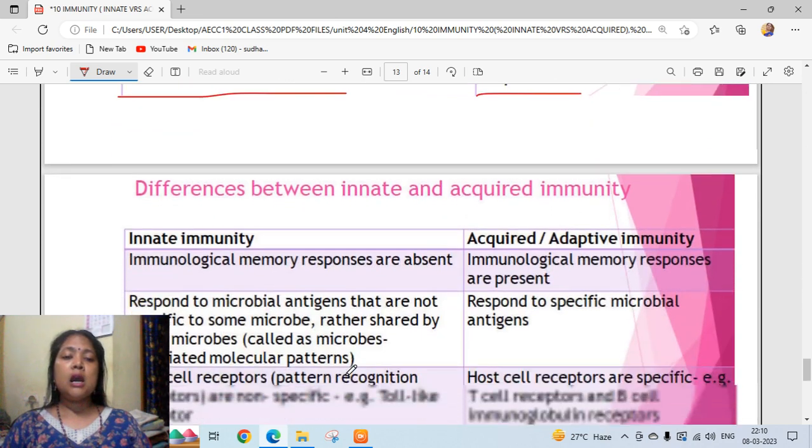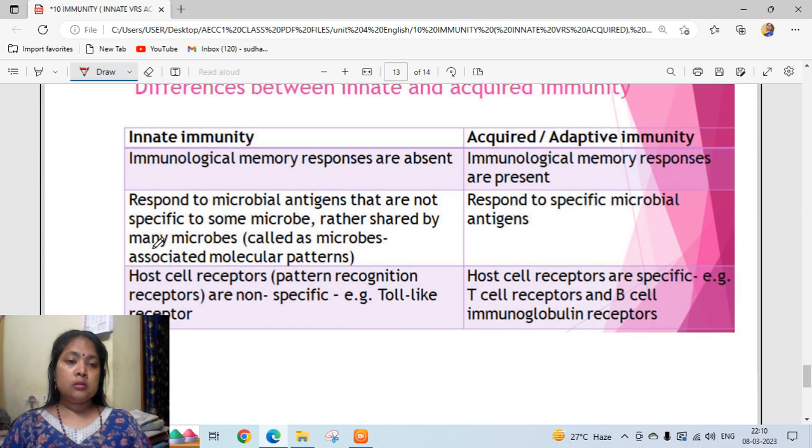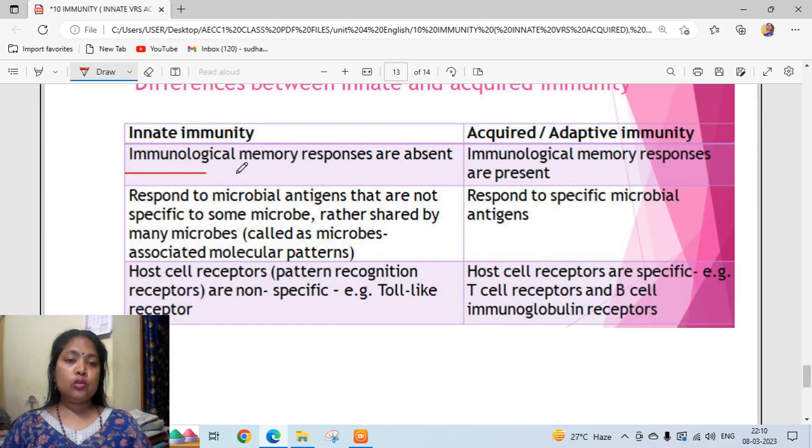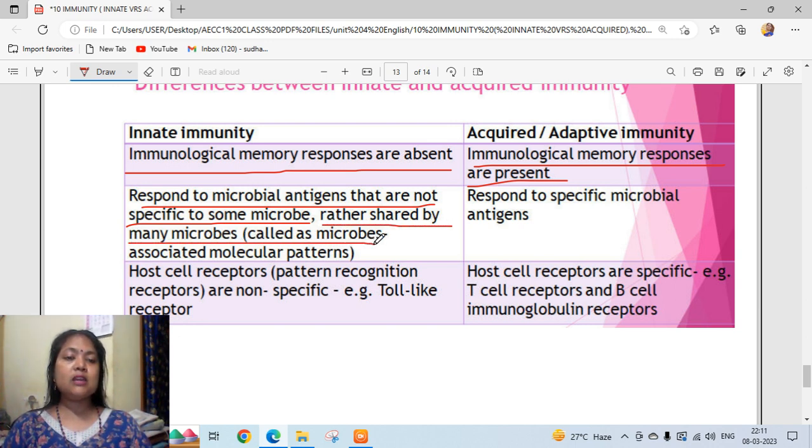The next point is immunological memory: responses are absent in innate immunity, and in acquired immunity, immunological memory responses are present. Innate immunity responds to microbial antigens that are not specific to some microbe, but rather shared by many microbes, called microbe associated molecular patterns.